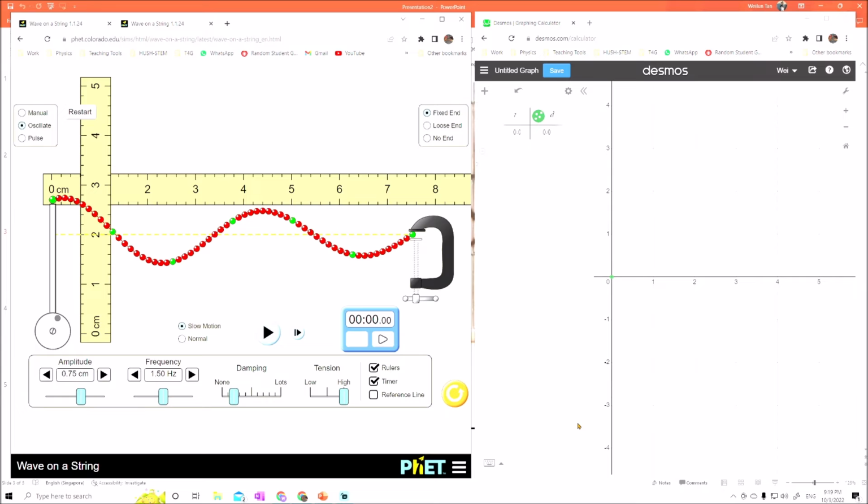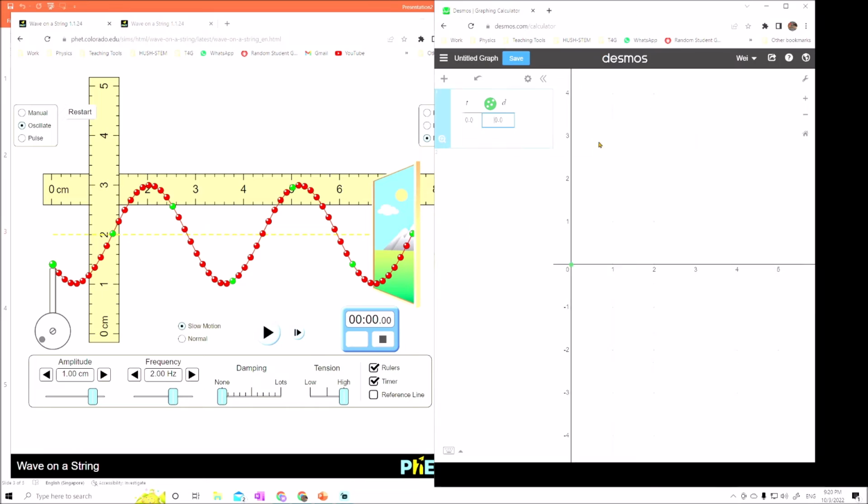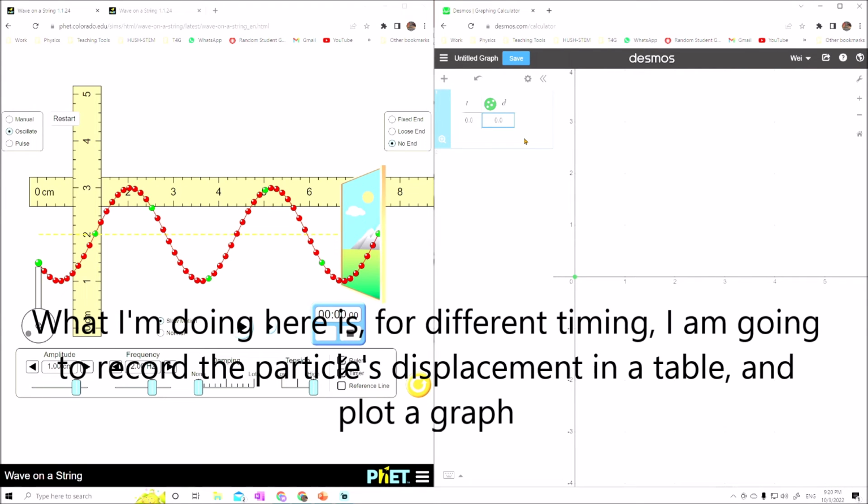Here's what a displacement time graph is. In a displacement time graph, we are looking at how the displacement varies for just one particle. So at t equals 0, the displacement is 2 cm.